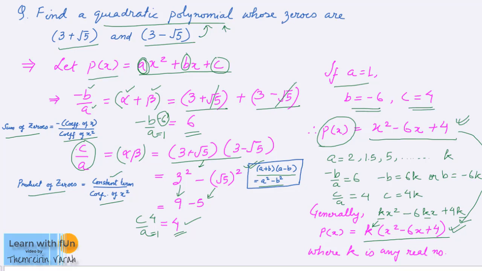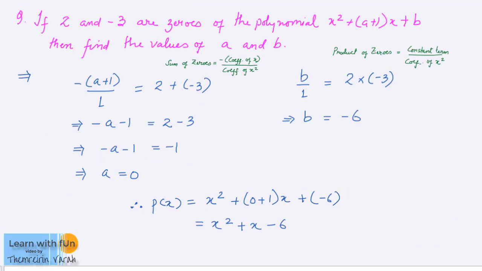Alright, now the next question: if 2 and minus 3 are zeros of the polynomial x squared plus a plus 1 x plus b, then find the values of a and b. The polynomial is x squared plus a plus 1 x plus b, with zeros 2 and minus 3. The sum of zeros equals minus of coefficient of x upon coefficient of x squared.